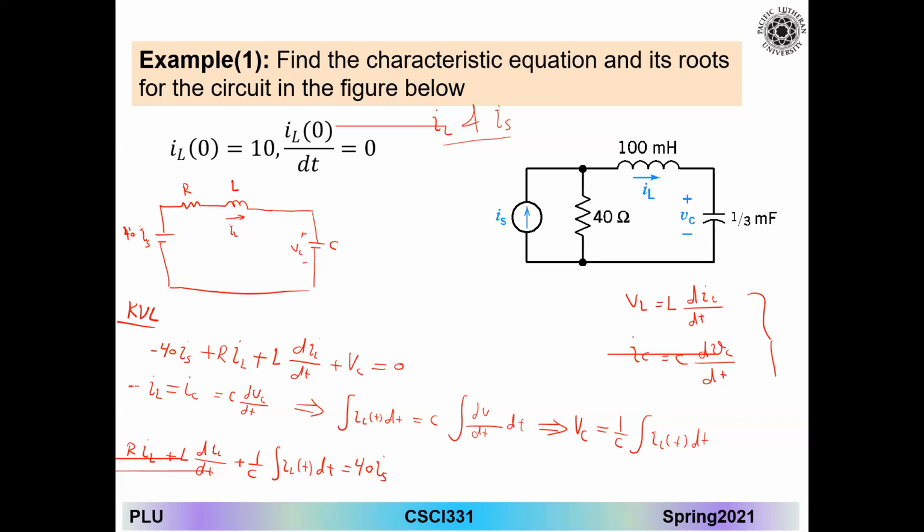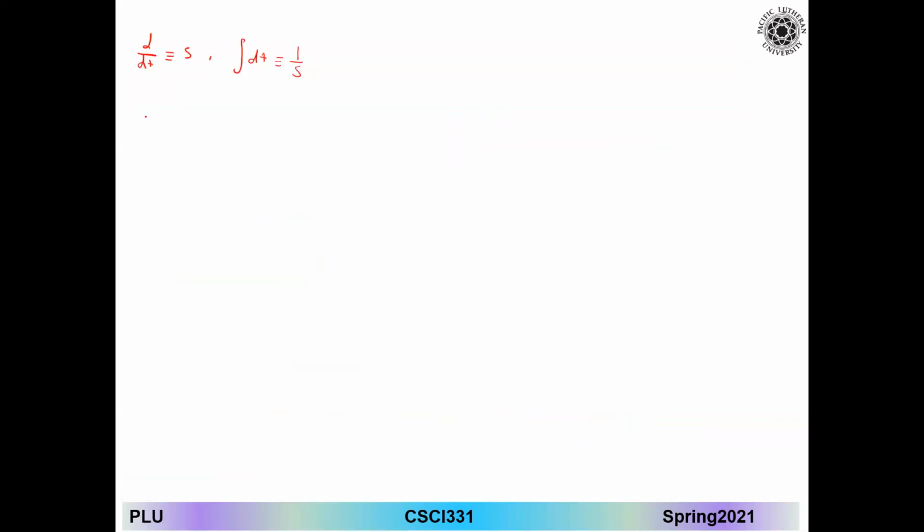Okay, now we're gonna use my operators. D by dt, I will use S. Integral, I will use 1 over S. So just rewrite my equation. Okay, it's gonna be 40 IL, and follow me guys.